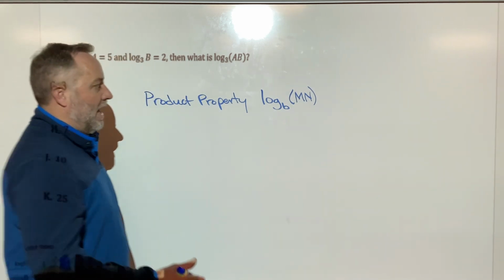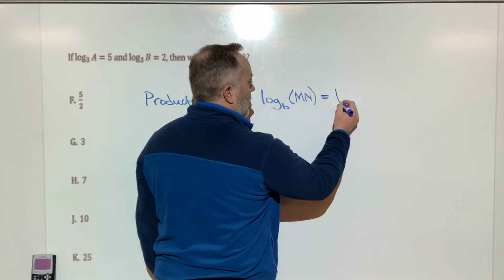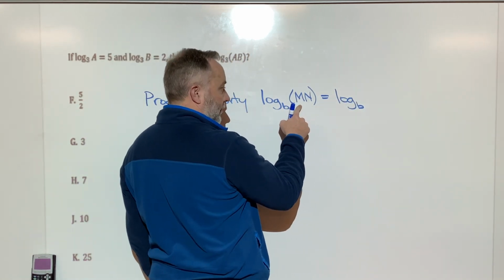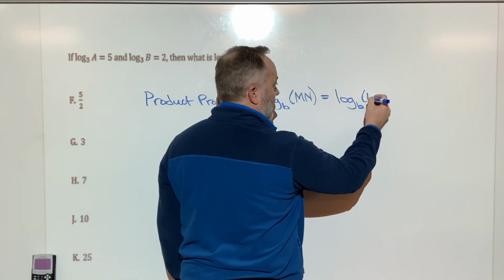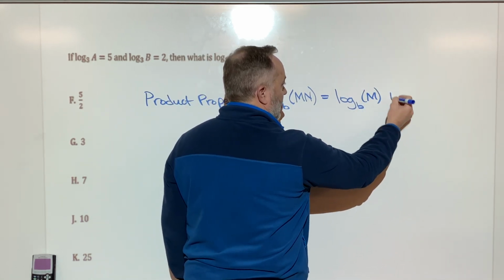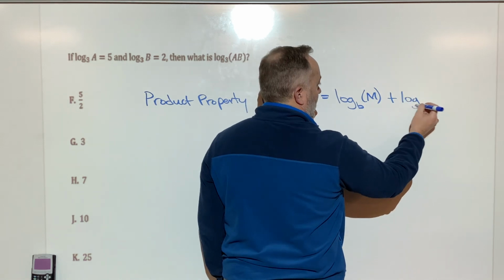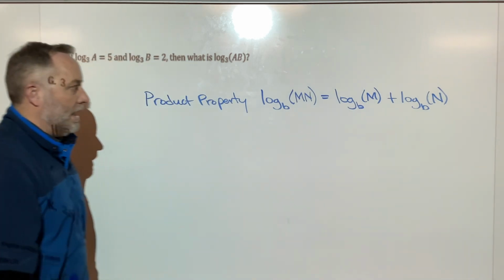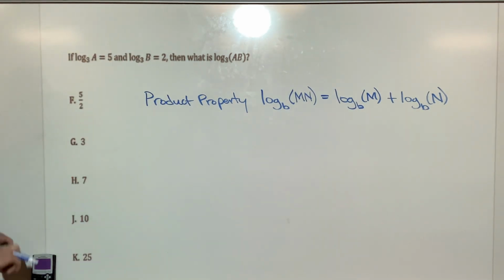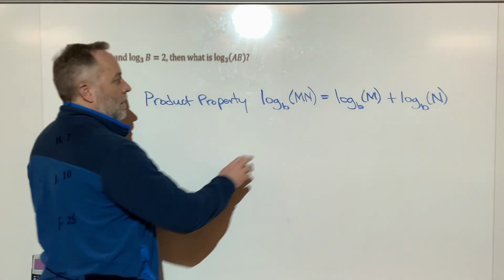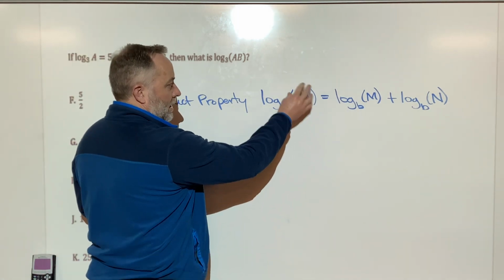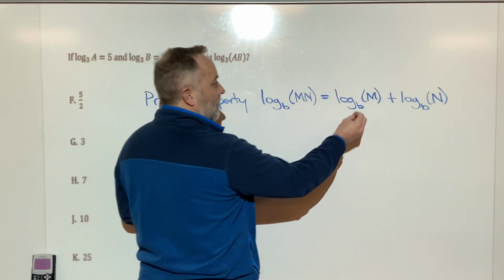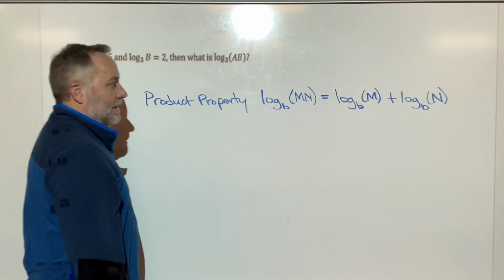Then that can expand to equal the logarithm of that same base b of the first quantity being multiplied, so m, plus the logarithm of the same base of the second quantity, which would be n. So the product property tells us that if we have two values in the argument, this piece is called the argument, that are being multiplied, you can expand them and write them as addition.